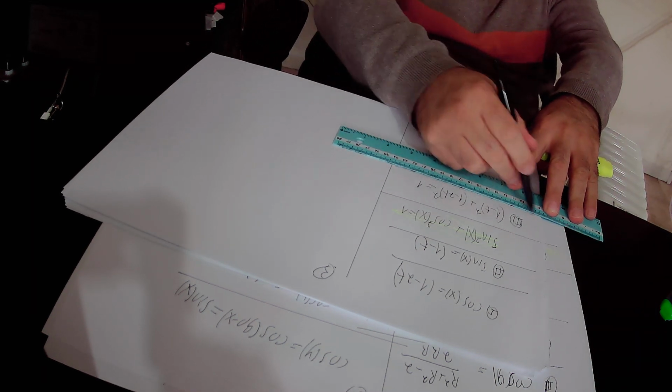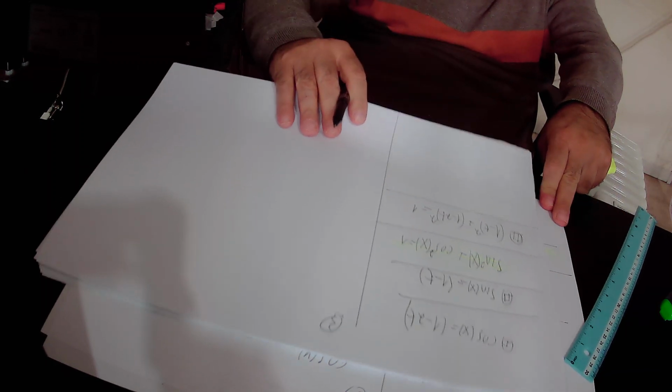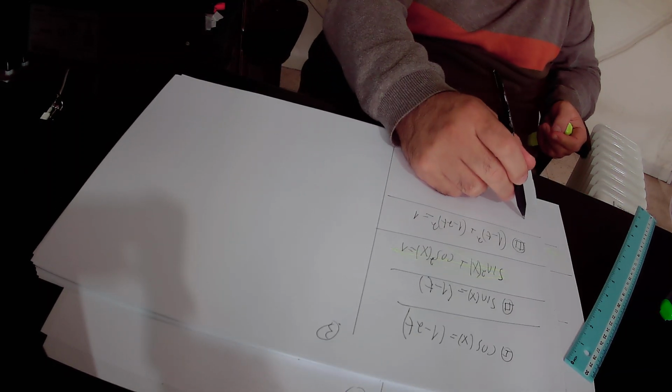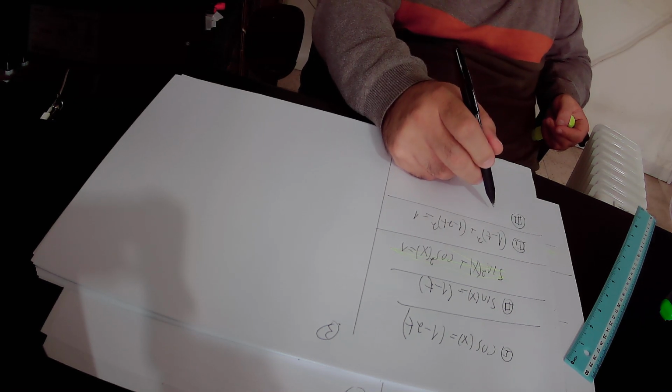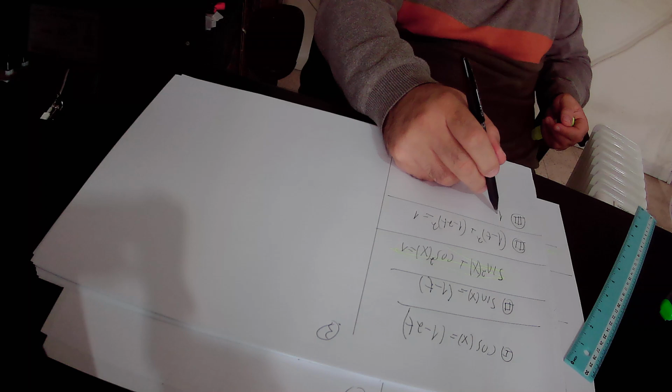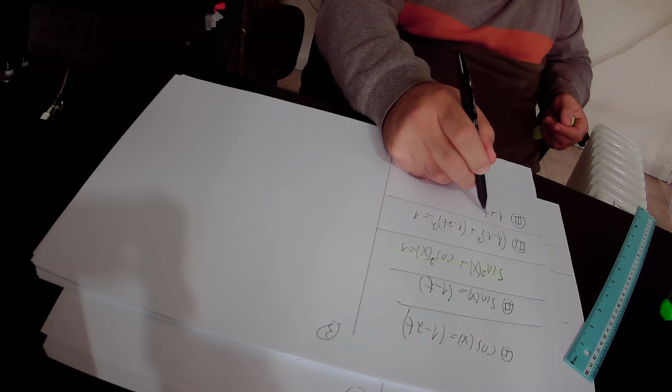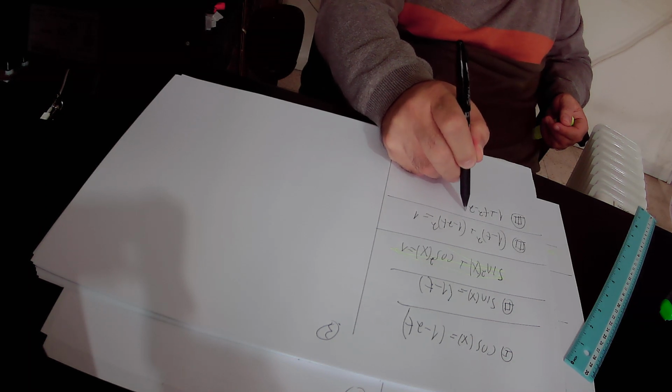So here we'll open the brackets on this side of equation number 3, and we get that according to equation number 3, 1 minus t squared equals 1 squared, that is 1, plus t squared, minus 2t.